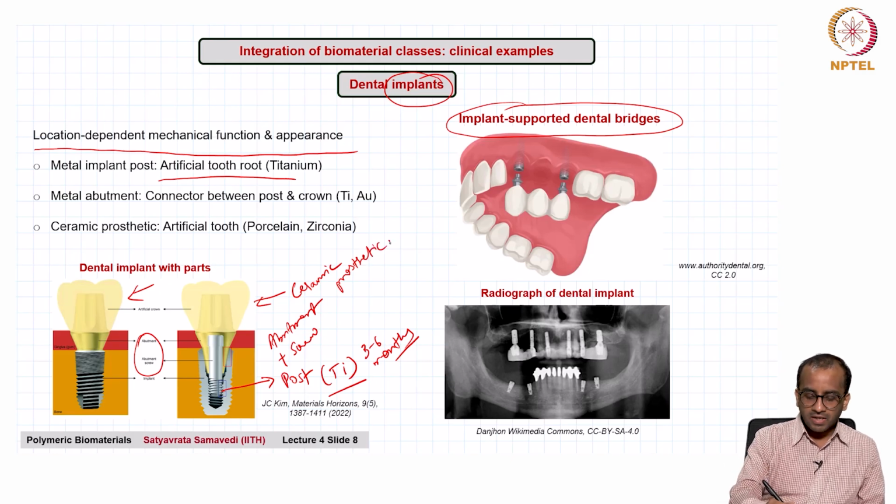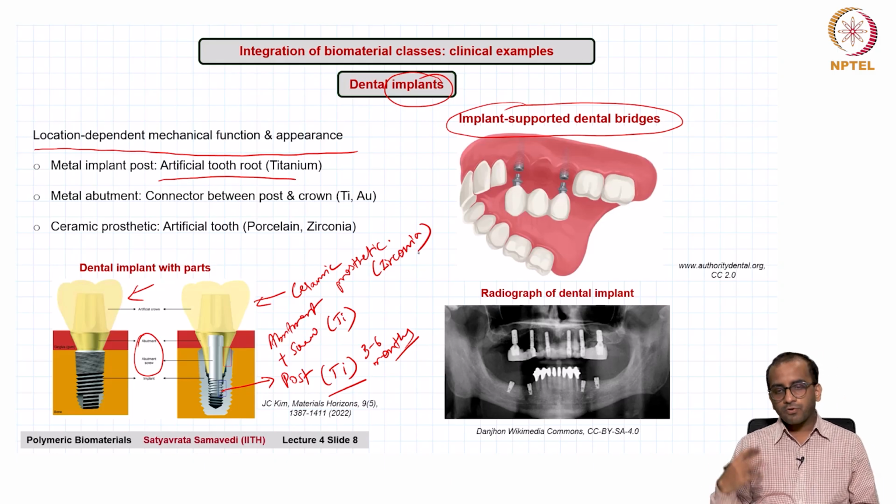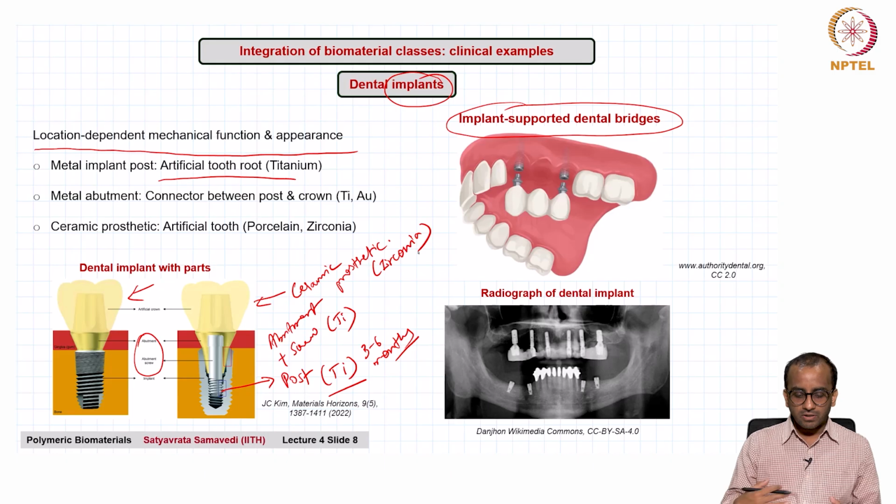So, the abutment can be something like titanium again, and the ceramic itself could be something like zirconia. Of course, you can have colored ceramic to match the aesthetic appeal of the rest of the teeth, etc. Those are more aesthetic, but you notice right away that there are different parts to this.